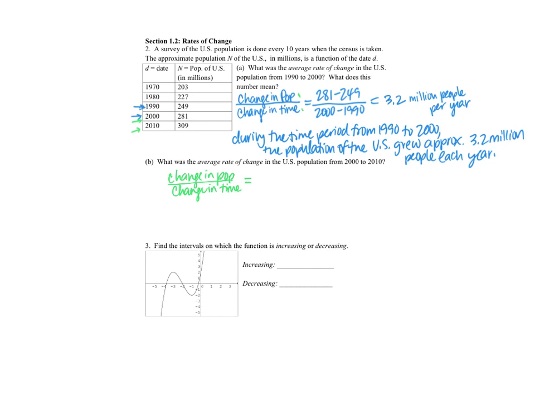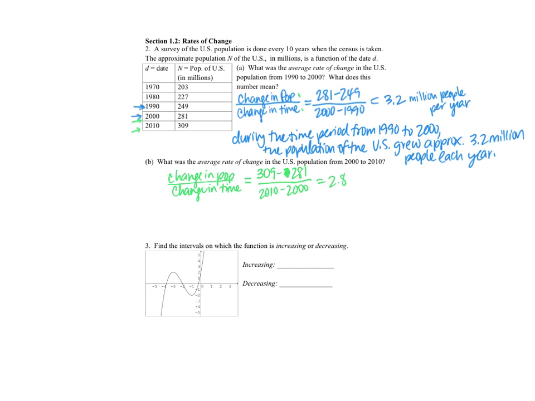I can see that the population rose from 281 to 309, so I should expect that my average rate of change will be positive. And so I can compute this average rate of change by computing the change in population, 309 minus 281, over 2010 minus 2000. And when I compute that, I get 2.8.